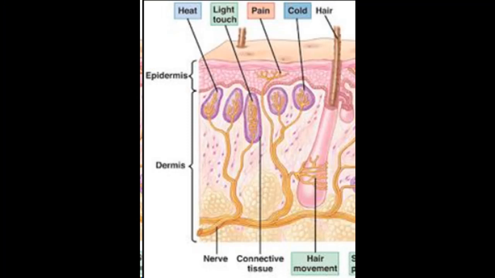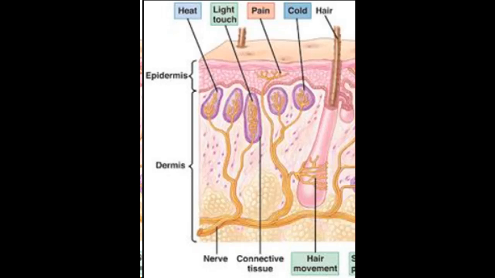So skin is a sensor. In the skin, you have various receptors which detect changes: touch, pressure, temperature. So skin is a sensory organ which detects a change in the external atmosphere. It may be temperature, touch, or pressure. Skin is one of the sensory organs in our body.